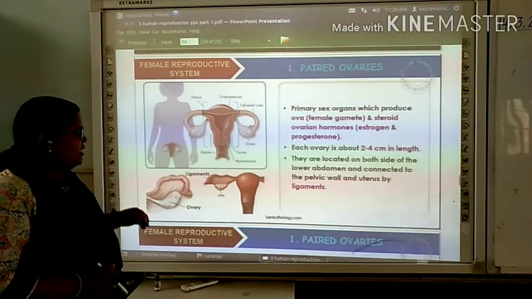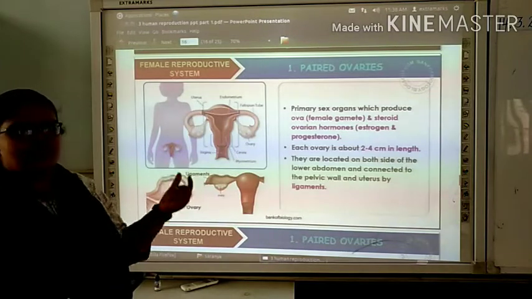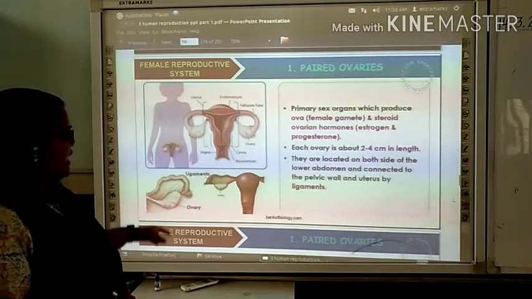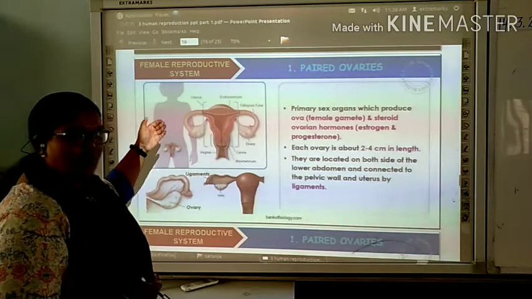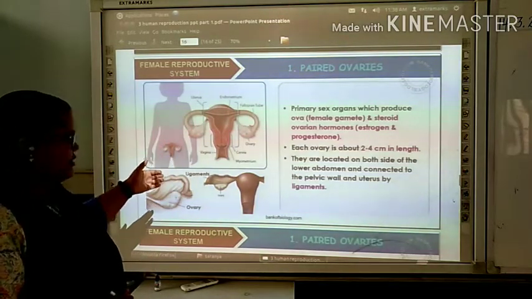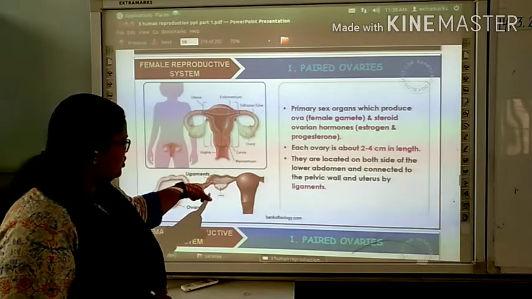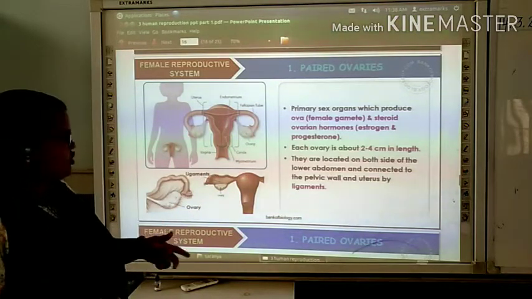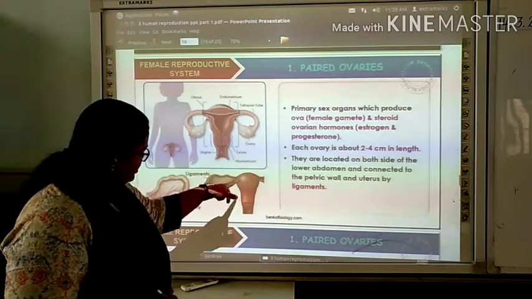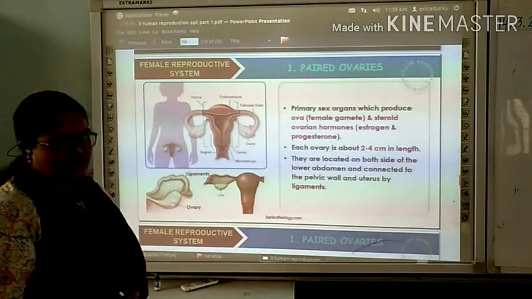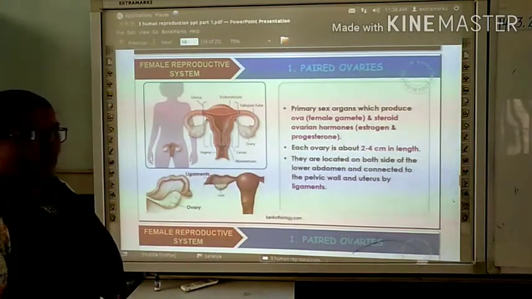Right. So each ovary is about 2 to 4 cm in length, and these ovaries are attached to the pelvic wall and the uterus wall by ligamentous tissue, which is a connective tissue. This is the structure of the ovary, right.